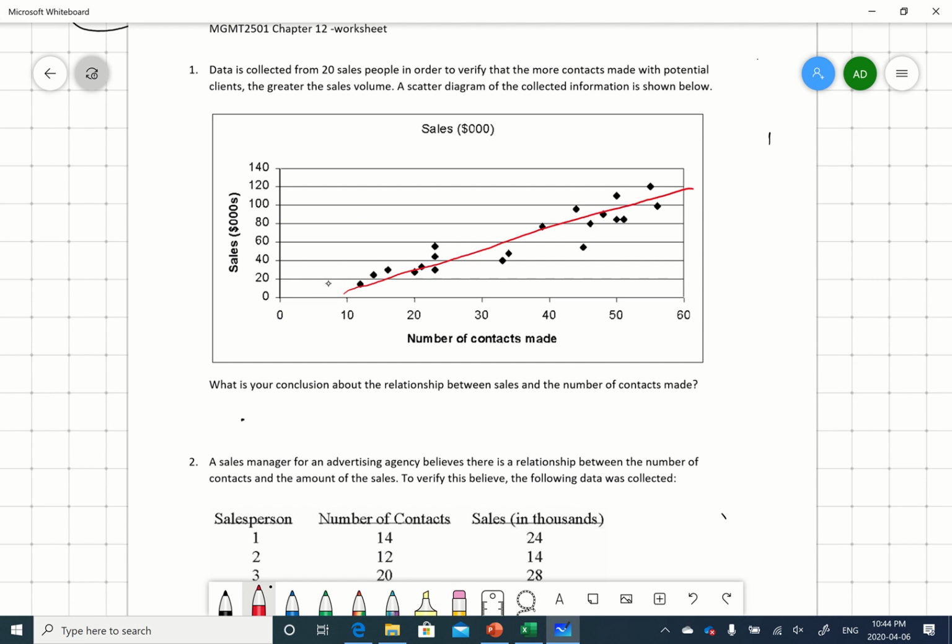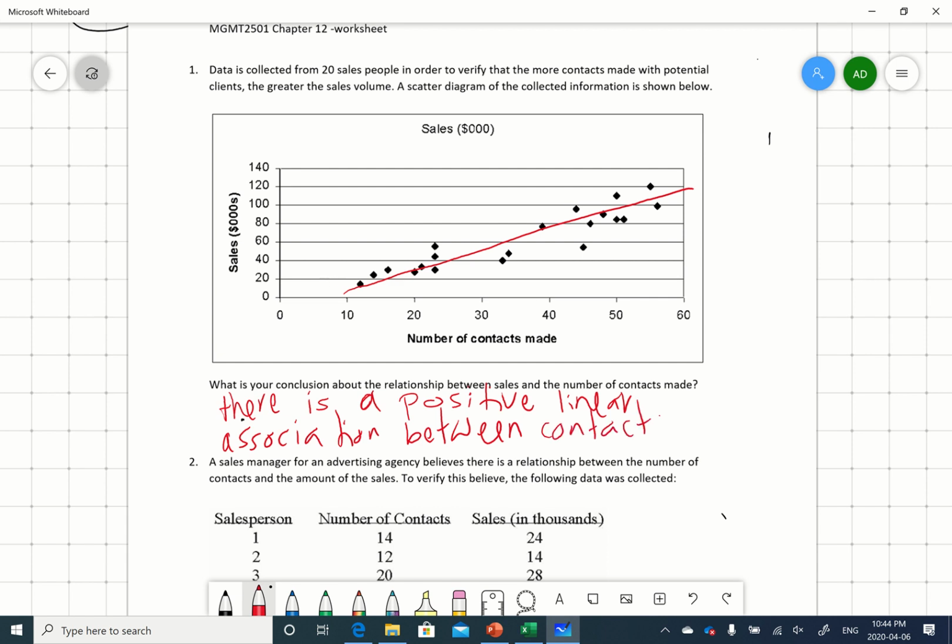So you can say there is a positive linear association, relationship between contacts made and the sales volume.